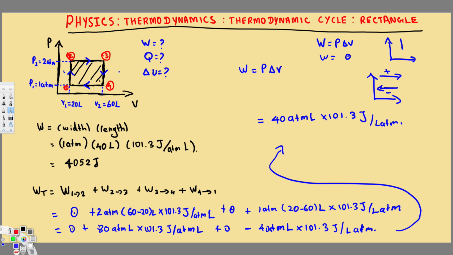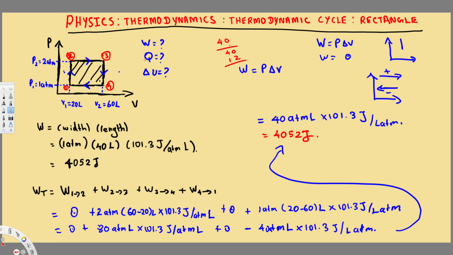And if you notice, 40 times 100, 4000, right? 40 times 1.3 is going to be 52. 40 times 1 is 40, 40 times 0.3 is going to be 12. So that's going to be 52. So if you look at this, same answer. 4052 joule. And that's how we do this kind of problem.